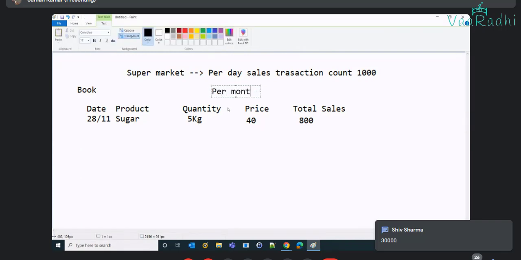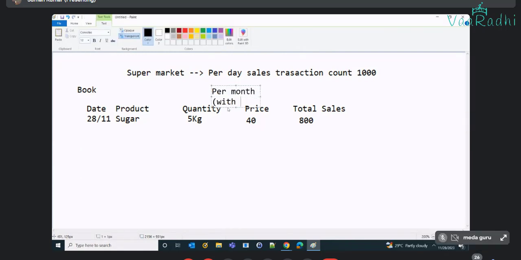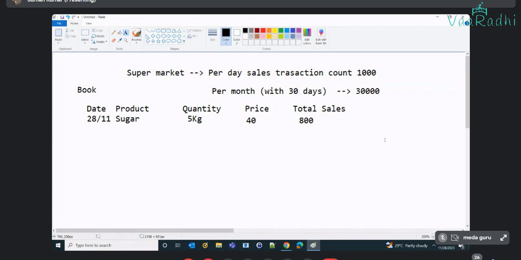Perfect. Per month, on average 30 days, 30,000.